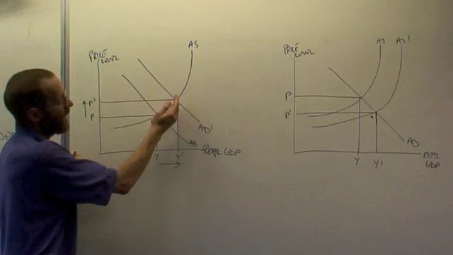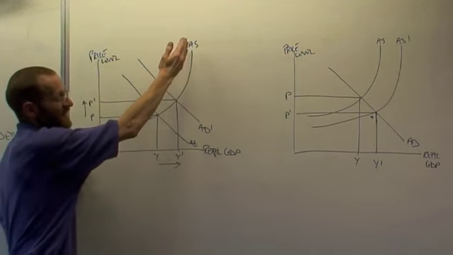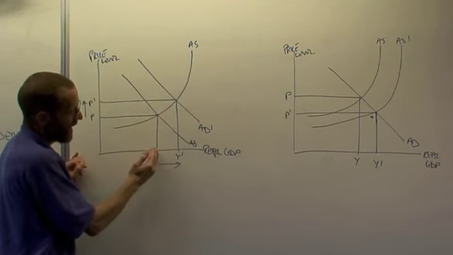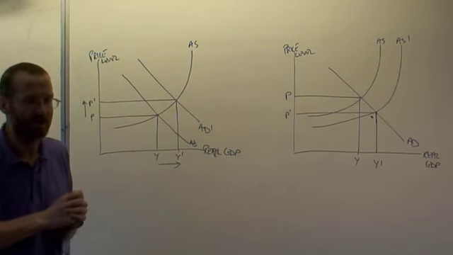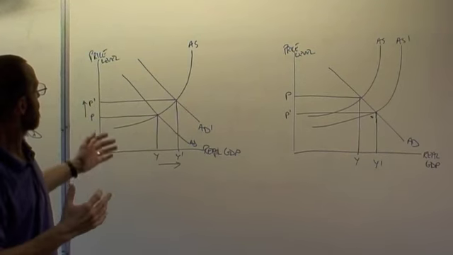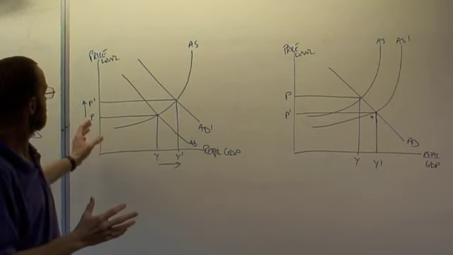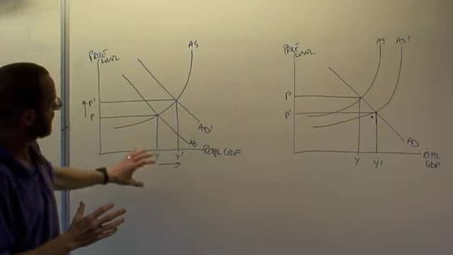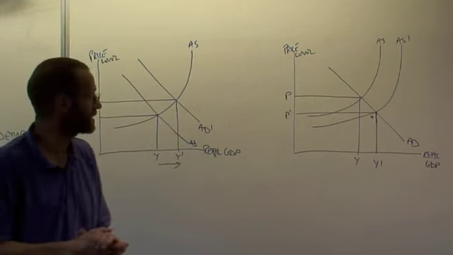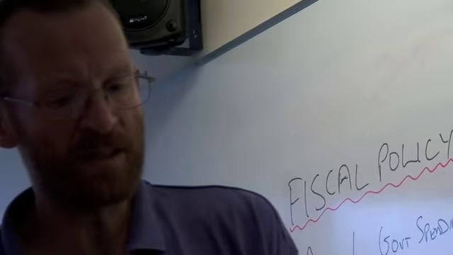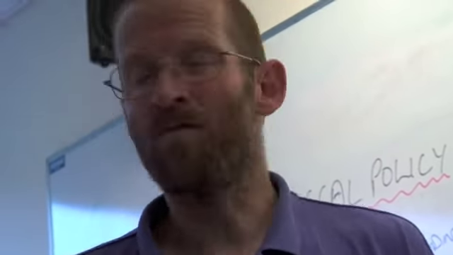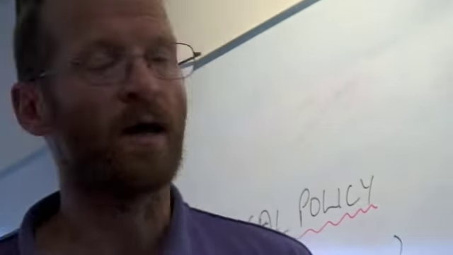Whereas over here, as we approach the vertical inelastic part of the aggregate supply curve, any increase in aggregate demand is going to lead to a larger increase in inflation. So that's always a good point. What is the relationship with the scale of the increase in inflation as opposed to the scale of the increase in output?